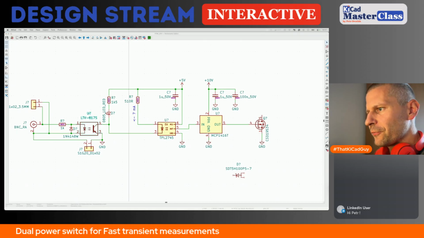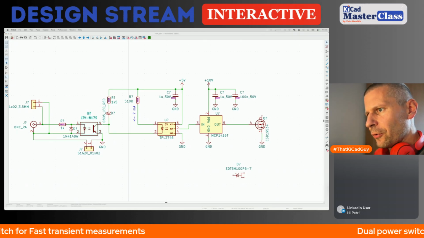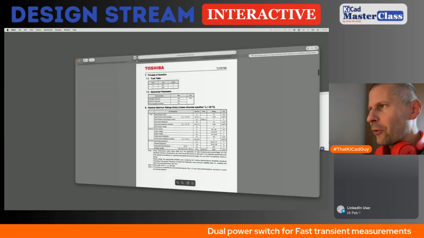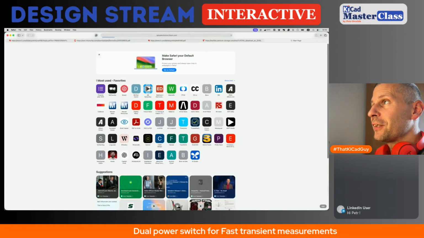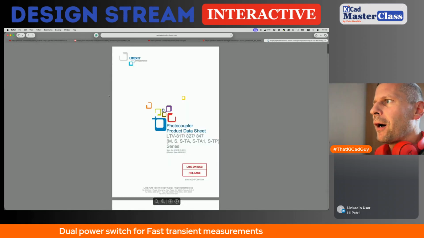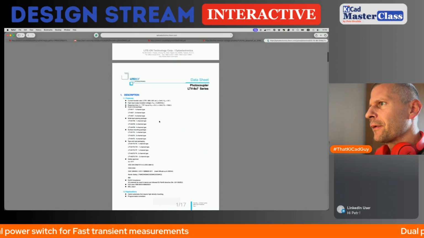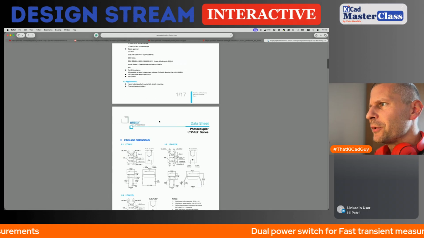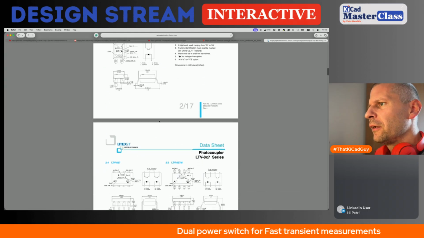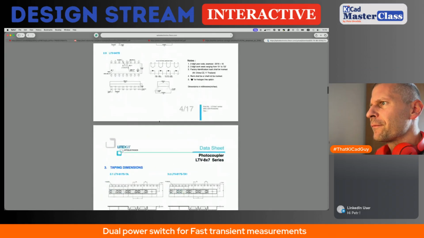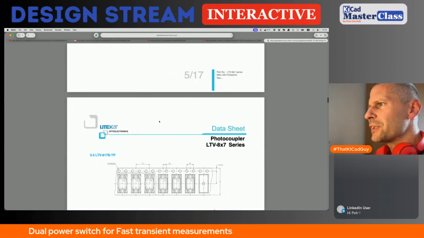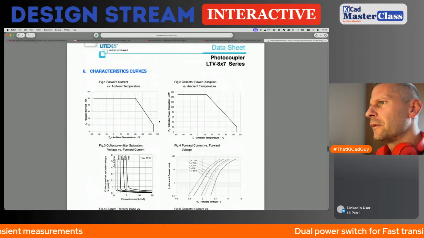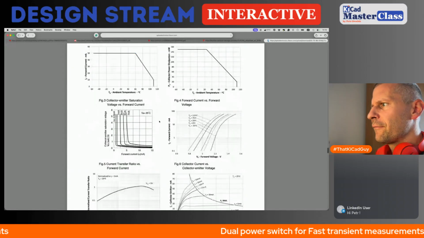I don't know if it's fast enough or not. Yeah, definitely in the range of microseconds. Definitely yes, but there can be some transition characteristics between input and output that can make the edges not so steep. Is it something in the data sheet?